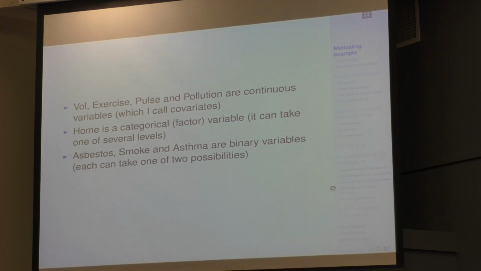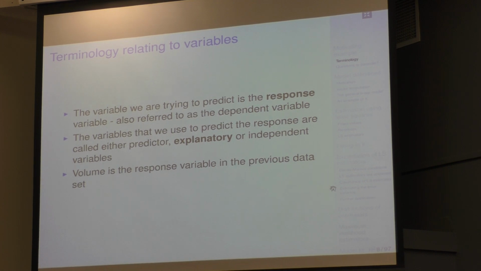Okay. So we will have one variable, in that example, that was the volume, which is the variable we're interested in, and we're thinking that it depends on some other variables. So this variable is usually called the response variable, because it's responding to different values of the other variables.